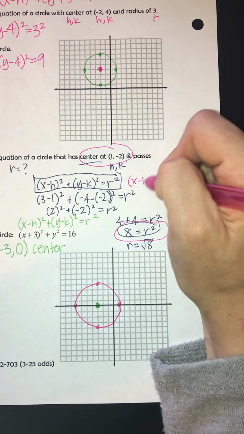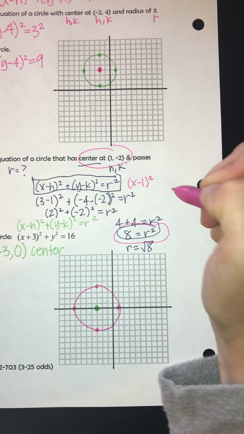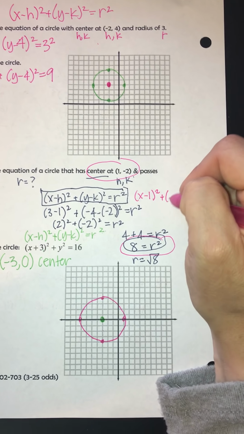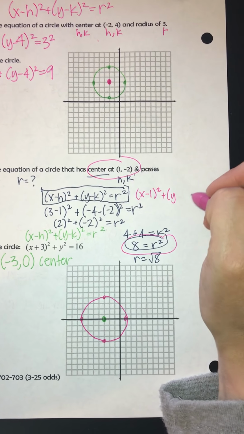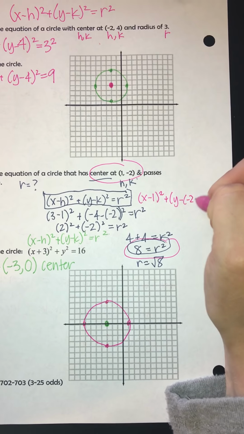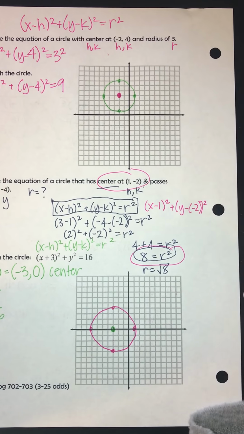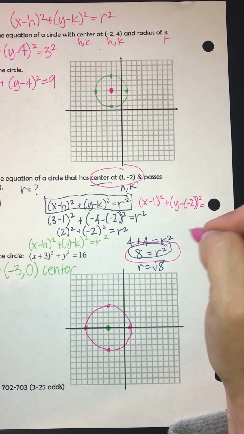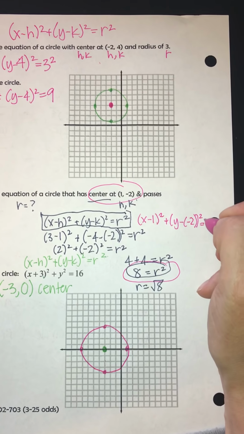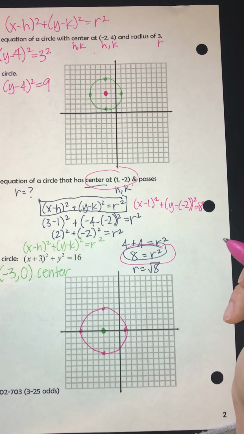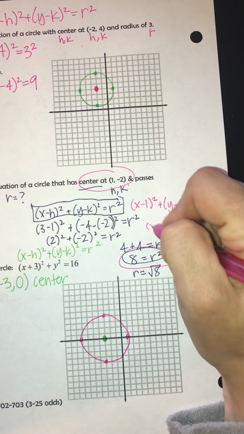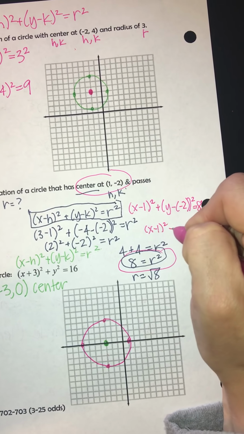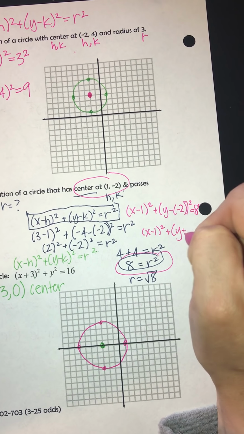So I'm going to write x minus 1, that's my h, plus y minus k, which is minus a negative 2. I could write that as plus 2 right away. And that's going to equal r squared, and of course I have the whole thing there. So that's going to be square root of 8 squared, or just 8. So I'm just going to rewrite this one more time with enough space here. And that double negative is going to be gone.